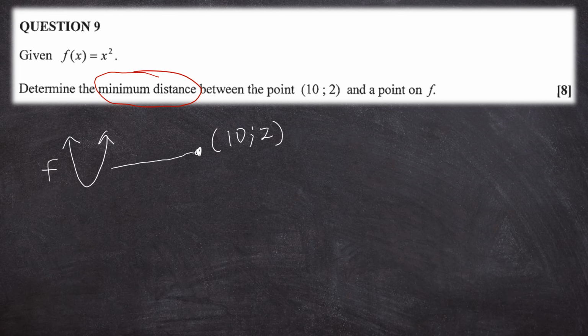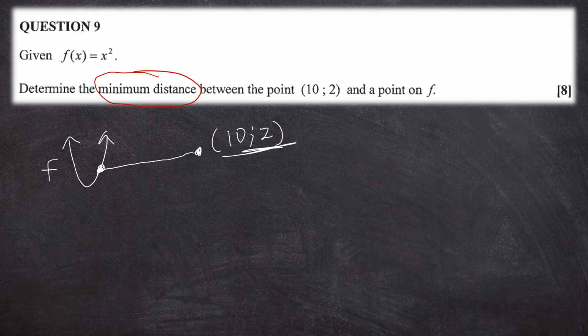But someone might be wondering, we don't know which point. Hence, we have to actually find that point that will minimize this distance, right? So we want to find the minimum distance between this point (10, 2) and a point on f.